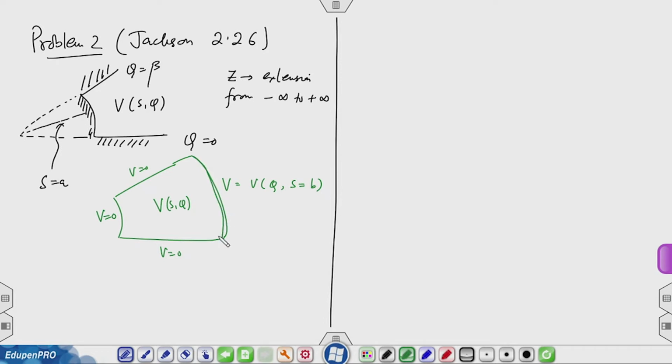Whatever it is, what we want to find is, given this problem where the potential is 0 at phi equals 0, at s equals a, V is 0, and at phi equals beta, also V is 0, then what is the potential in the region in the middle if somewhere far away the potential is specified? That is the problem.